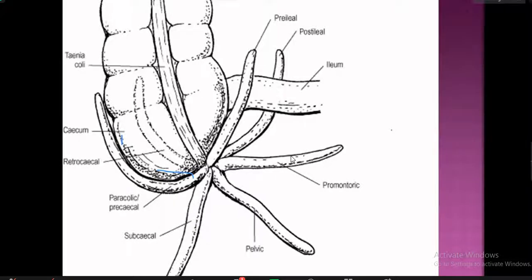Try to elevate the cecum and you'll find the appendix. Identify the small intestine, look for the ileocecal junction where it joins the ascending colon. Inferior to that junction is where the cecum is.